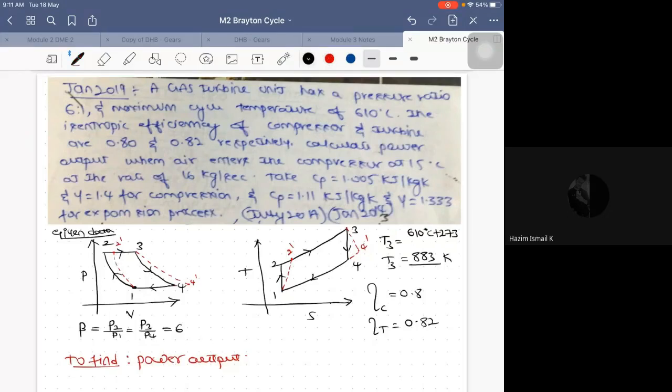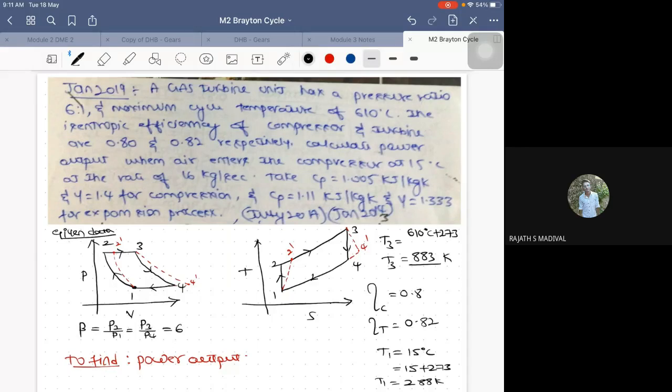I would take T1 as 15 degrees Celsius. Now immediately convert this into Kelvin by adding 273. 15 plus 273 comes to around 288. Am I right? Yes, sir. 288 Kelvin. So T1 is 288 Kelvin. Very good. Any other data given?